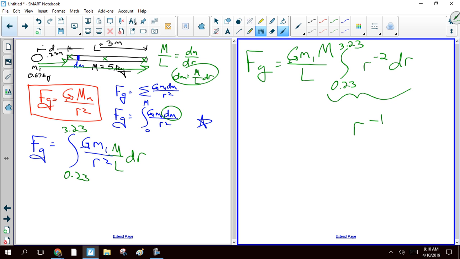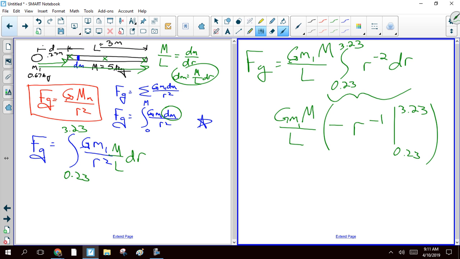If I take the derivative of that, that would give me negative r to the negative 2, so I've got to tack on a negative sign. And then I want to evaluate it between 0.23 and 3.23, and then times this whole constant mess over here. Cool?